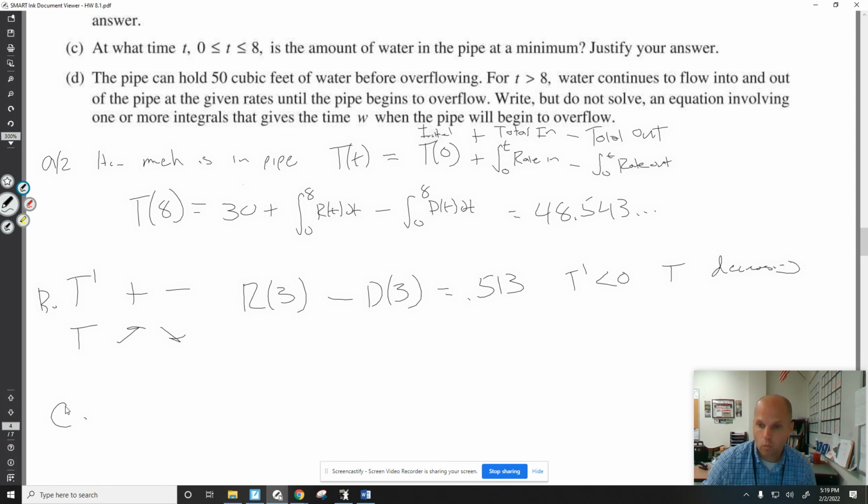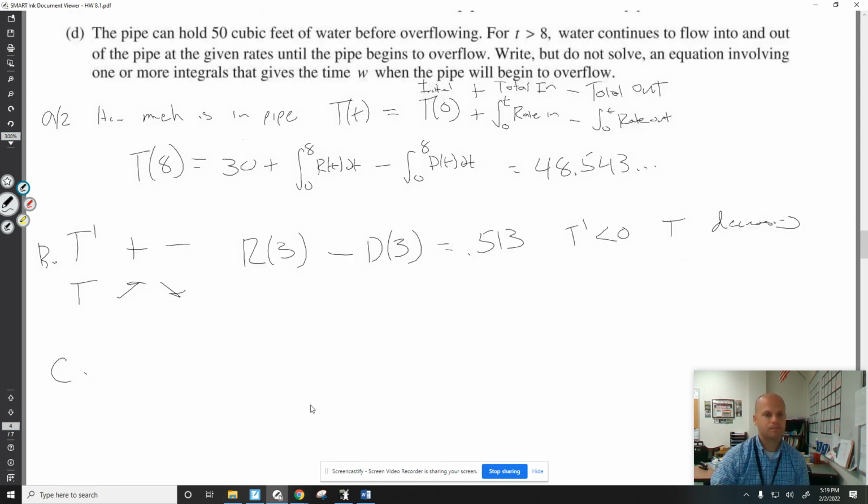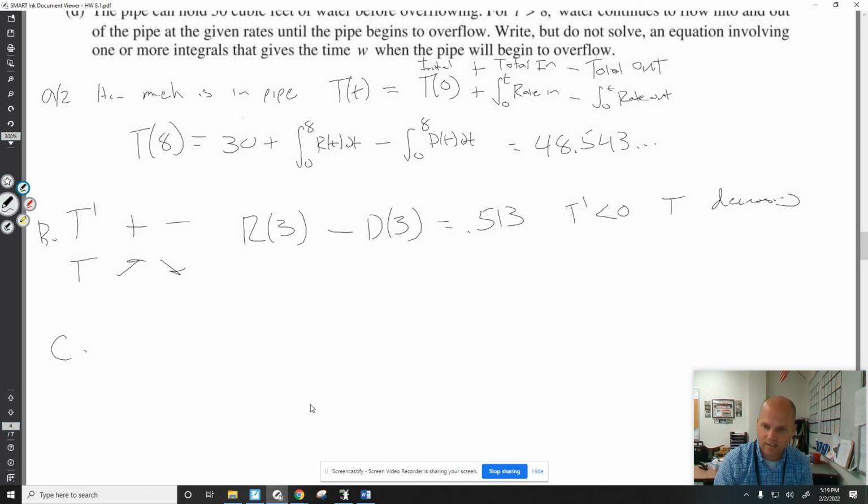When is the amount of water in the pipe minimum? Well, guys, this is just like the last problem. When are we furthest left? It's like, let's analyze velocity. When velocity changes sign, I'll look there because that's when my position decreases. It's the same deal.